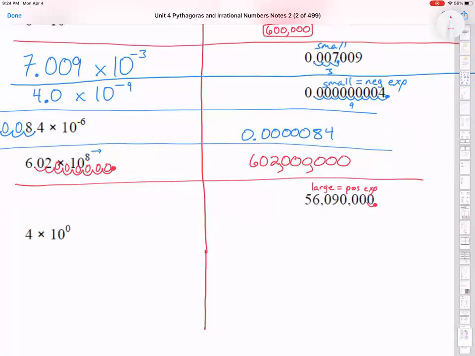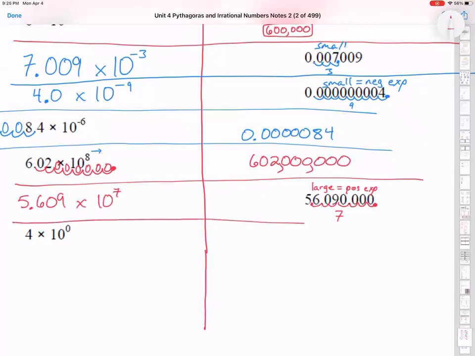Looks like 1, 2, 3, 4, 5, 6, 7 places. And then we end up with 5.609. Yes, you need to include all those numbers. And then times 10 raised to the positive 7th power, because we moved it 7 times.